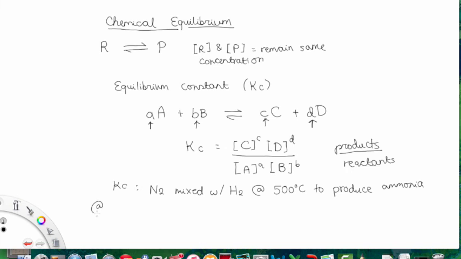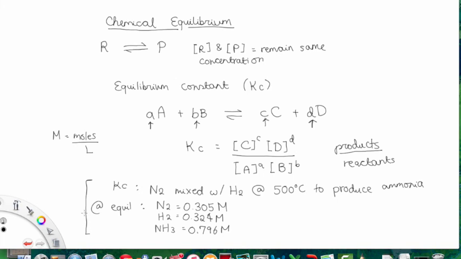At equilibrium, the concentration of N2 is 0.305 molar. Remember that the unit molar equals moles per liter. For H2, it's 0.324 molar. And finally for ammonia, NH3, it's 0.796 molar. This is all the information given in this problem, and they want you to figure out what the equilibrium constant is.